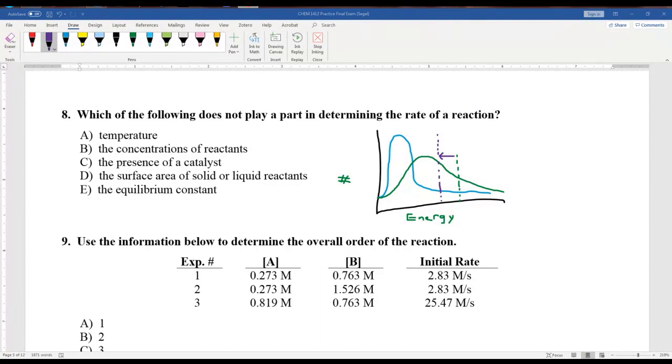Yes. That's right. Bigger kids have a greater chance of colliding. Although, no, interestingly enough, in the case of surface area, if the particles are broken up into smaller pieces, it actually gives them more surface area. So smaller pieces means more surface area because the same amount is broken up and more is exposed.